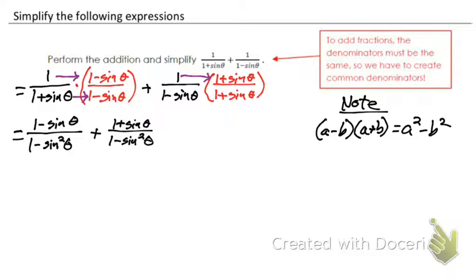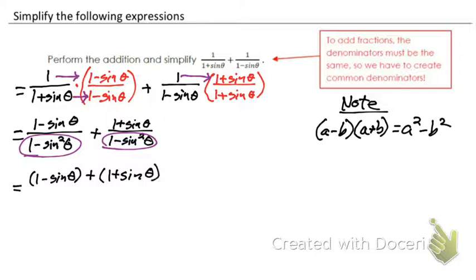All right, simplifying this, we do now have a common denominator. We have that 1 minus sine squared on the bottom, so we can push them together. So we are going to have 1 minus sine theta plus 1 plus sine theta, all over 1 minus sine squared theta.